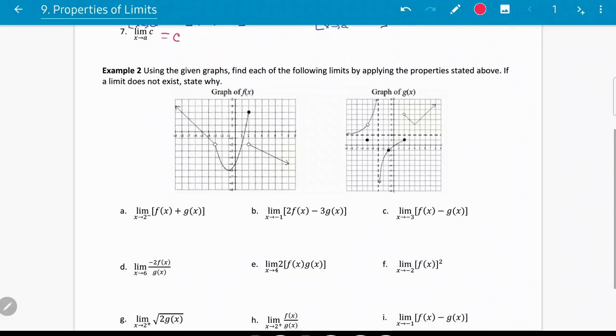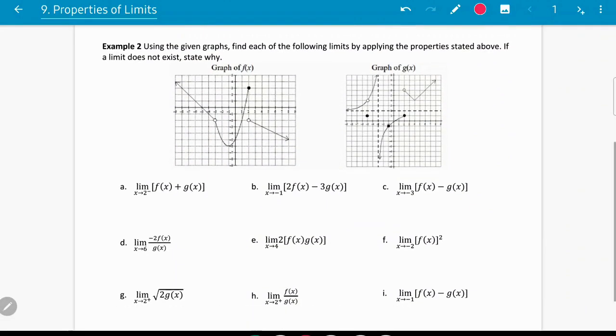Okay, so let's look at this graphically. We have the limit as x approaches 2 from the left of f of x plus the limit as x approaches 2 from the left of g of x. So as we are approaching 2 from the left, this is going to be -5 plus, again 2 from the left, we're going to call it about -3.